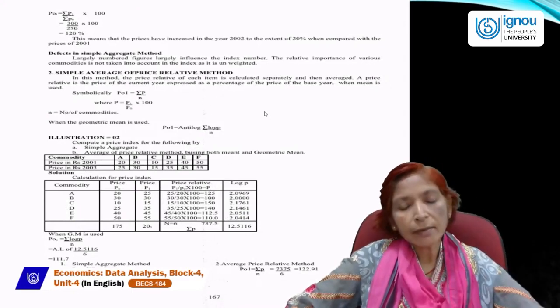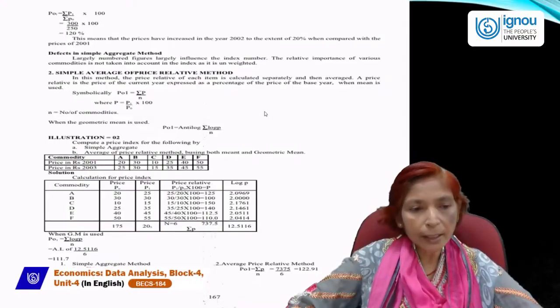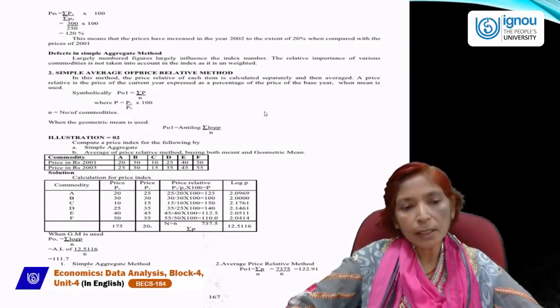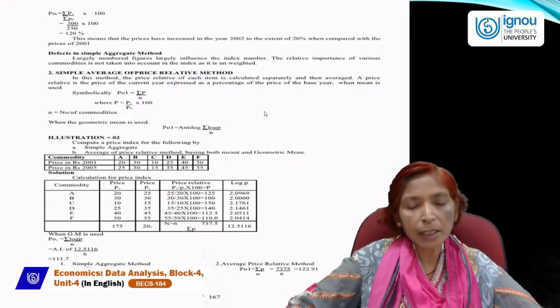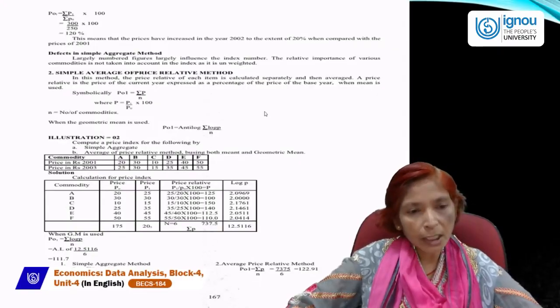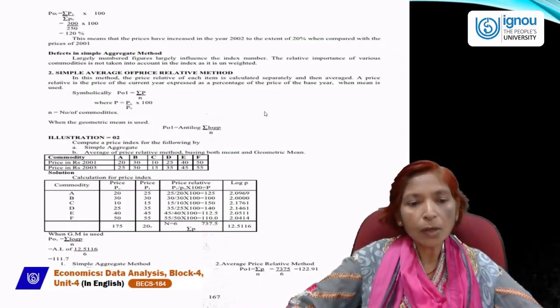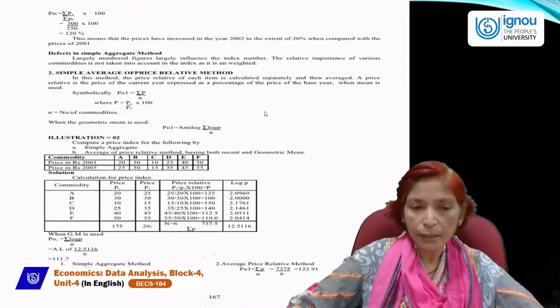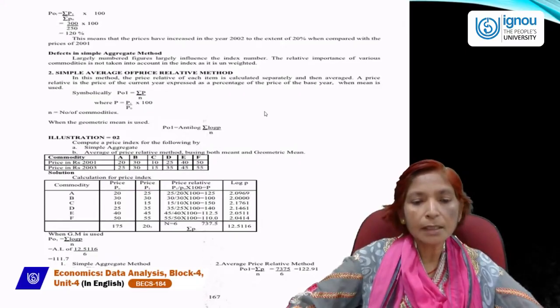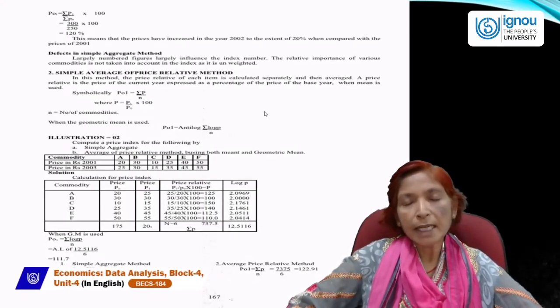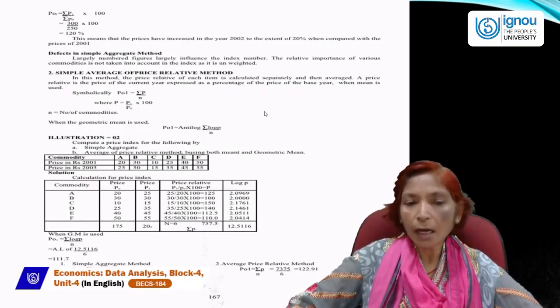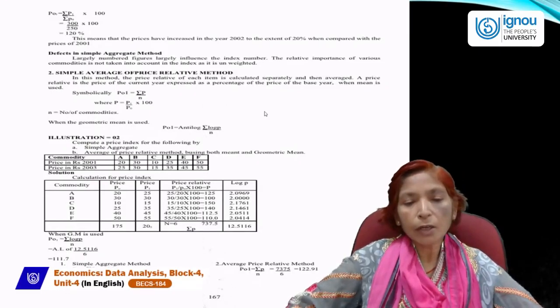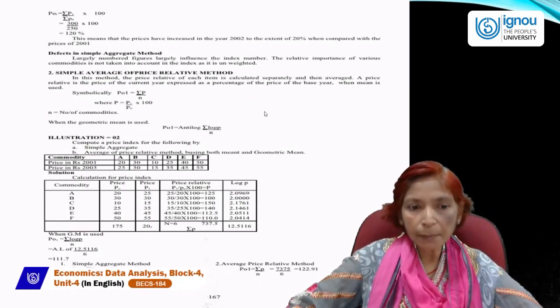So 25 divided by 20 multiplied by 100, then 30 divided by 30 multiplied by 100, then 15 divided by 10 into 100. In the same way we can calculate price relative. Sigma is the summation, and price relative can be denoted by R, and price by capital P.